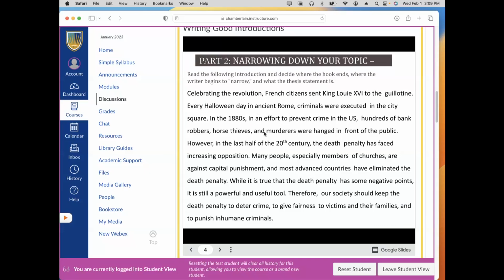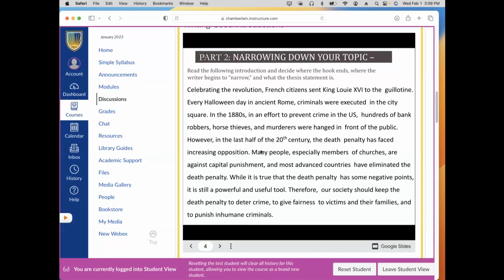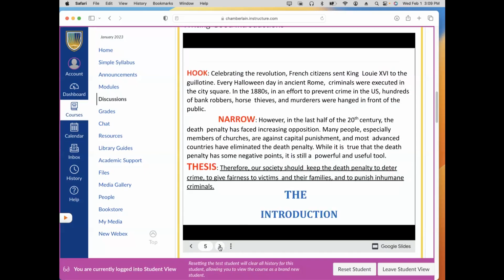So it's giving a historical background, and then it's sort of mentioning a lot of people have issues with this subject about capital punishment, and then gets very specific and ends with our society should keep the death penalty to deter crime. So that's their position statement, right? So you got a hook, some background, from very broad, and then getting closer, and then you end with your thesis.